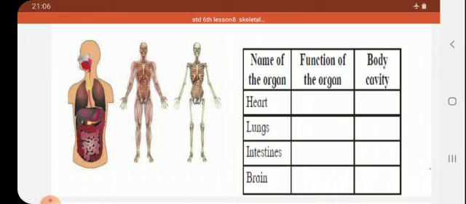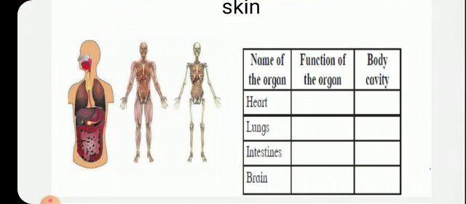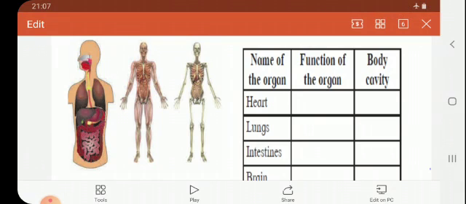After that, we had also studied how these systems are interrelated with each other, the function of each organ present in the system, how it relates with the other organs, how one organ is important for the other. All these things, children, we studied in the previous classes.